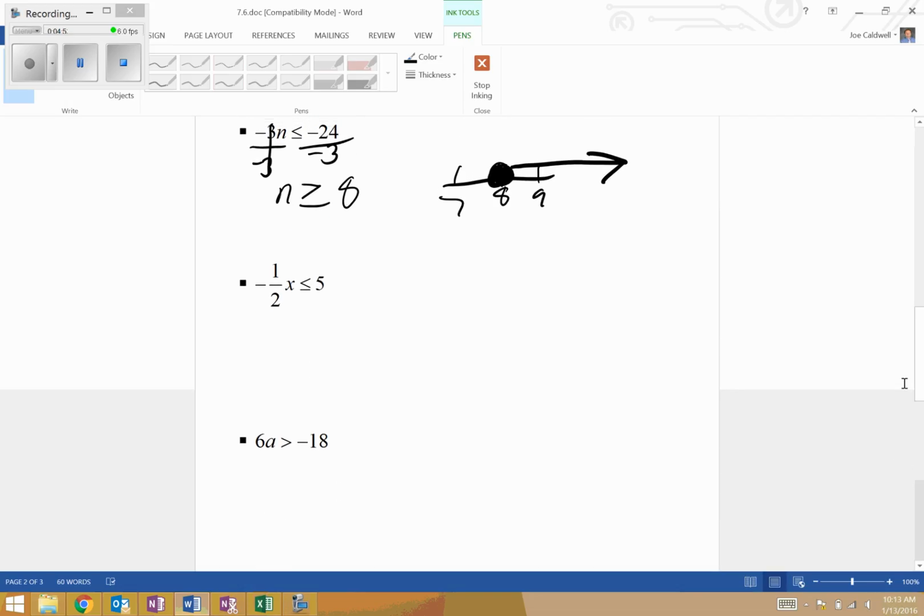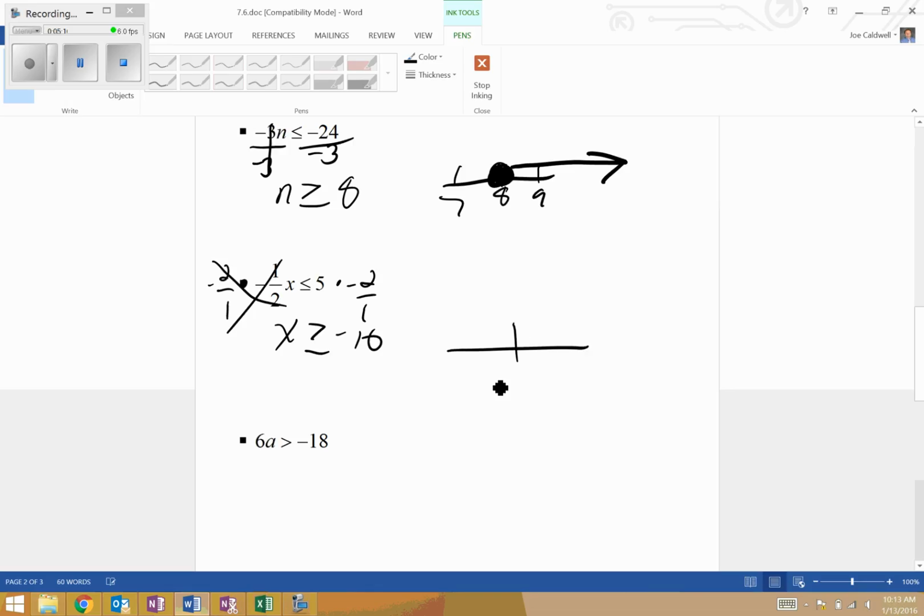So negative 1/2 x. The inverse, remember, dividing by fractions is like multiplying by the reciprocal. So we need to multiply both sides by 2/1. It's going to cancel those out, and we're going to be left with x. Multiply this side by negative 2/1. Since we're multiplying by a negative, again, we need to change the sign. We're going to get negative 10.